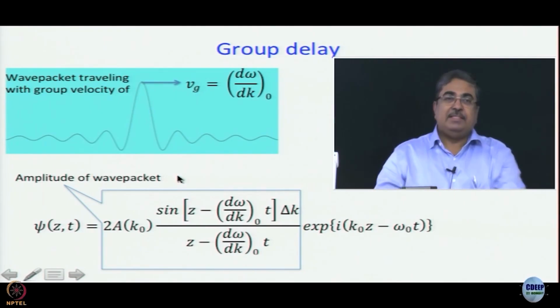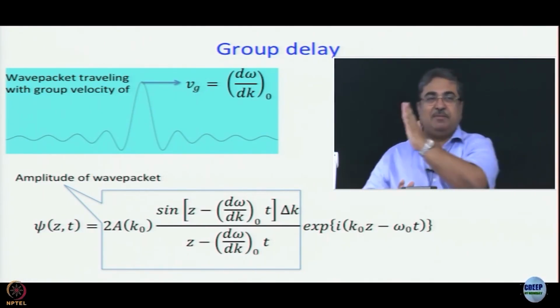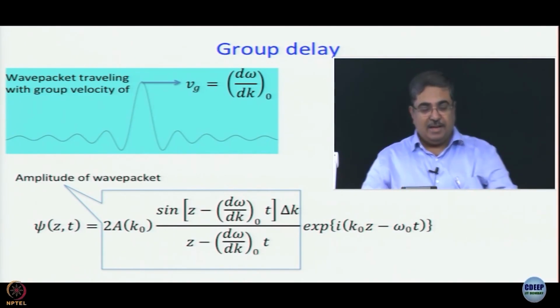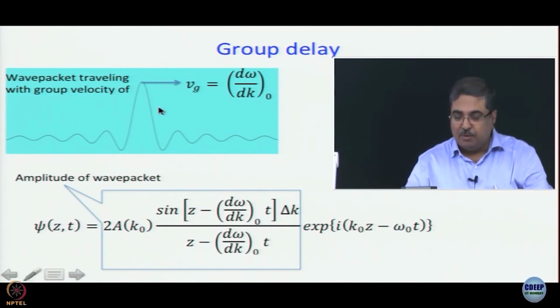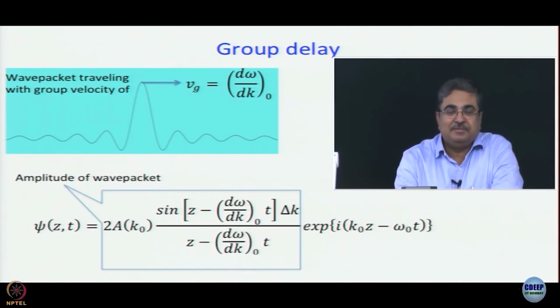Now, this entire wave packet is not stationary, it is not a standing wave, the entire wave packet moves, and it moves with what is called a group velocity given by d omega by dk at k0. Do you get the significance of d omega by dk at k0? Look at this function.